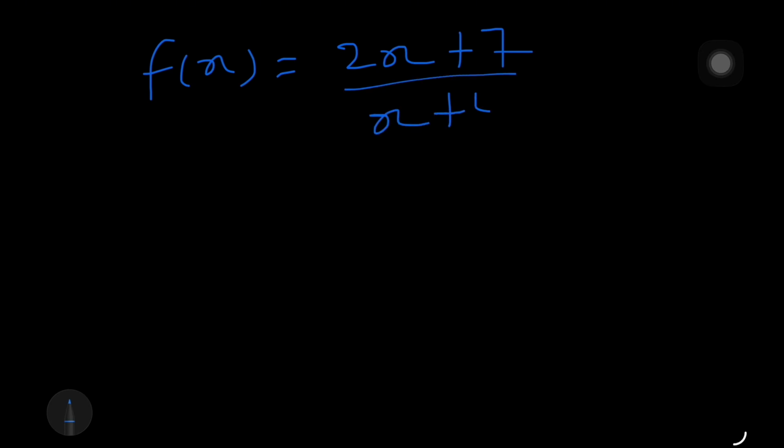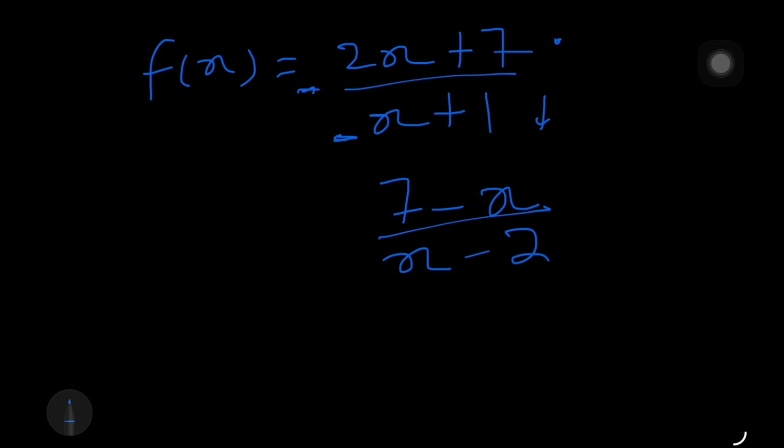Another example. f of x equals 2x plus 7 over x plus 1. Starting from here, 7 minus 1x all over x minus 2. This is the inverse, f inverse of x.